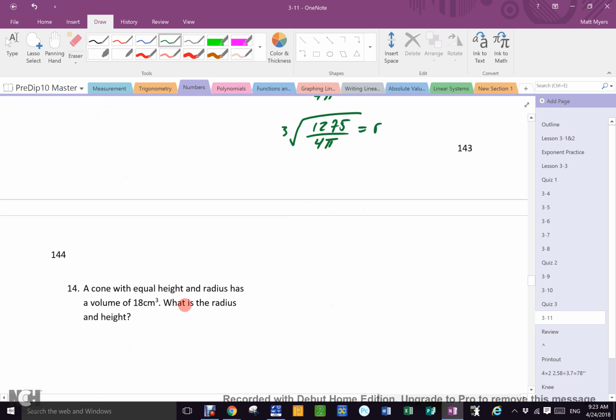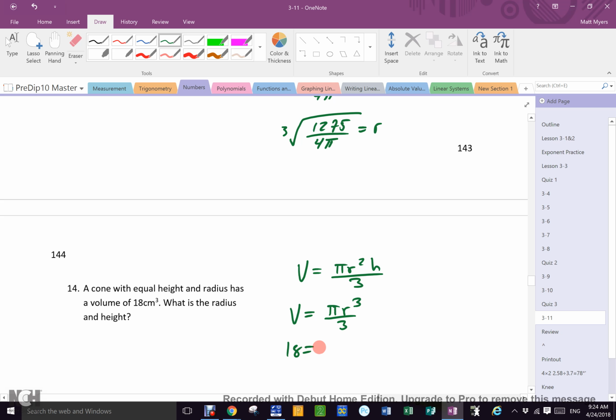And down here, a cone with equal height and radius has a volume of 18. Well, the volume of a cone is pi r squared h divided by 3. But what do we know about r and h? They're the same. So it's really, in this cone's case, pi r cubed divided by 3, isn't it? Because r and h are the same.